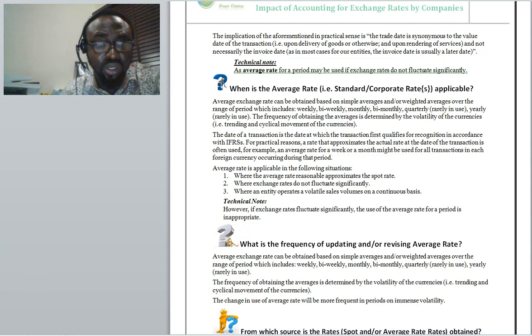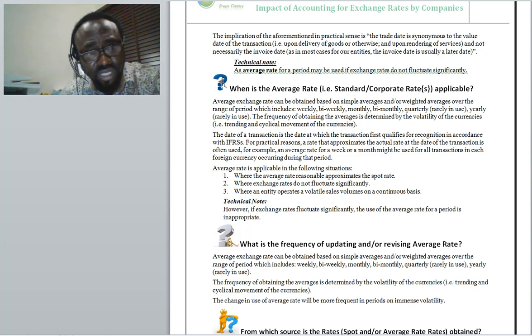1. Where the average rate is reasonably an approximate of the spot rate, where exchange rates fluctuate less. That means the volatility is low, and where an entity operates highly voluminous transactions in terms of purchases and sales, especially.